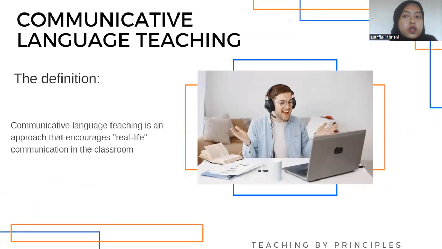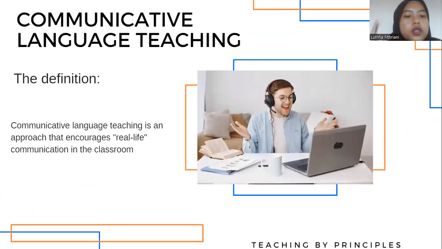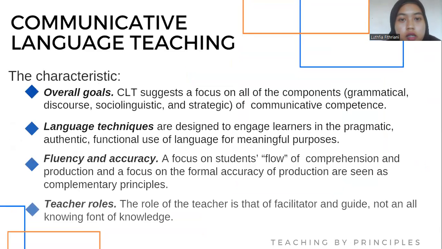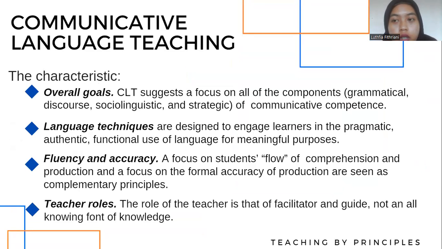So, what is communicative language teaching? Communicative language teaching is an approach that encourages real-life communication in the classroom. Communicative language teaching was found by Canale and Swain, 1980, and here are some characteristics of communicative language teaching.